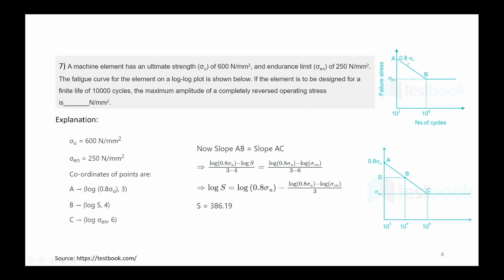Now for 10 to the power 3 cycles, it will be around 0.8 sigma u, so you can calculate 0.8 times the ultimate tensile strength, 600 times 0.8.